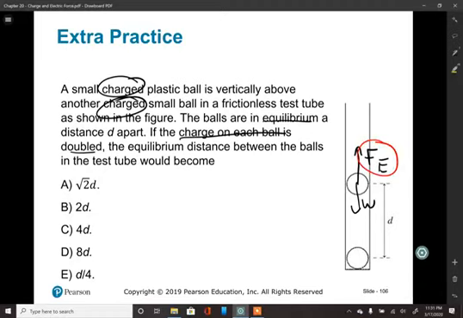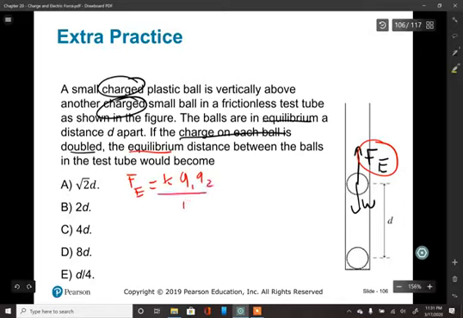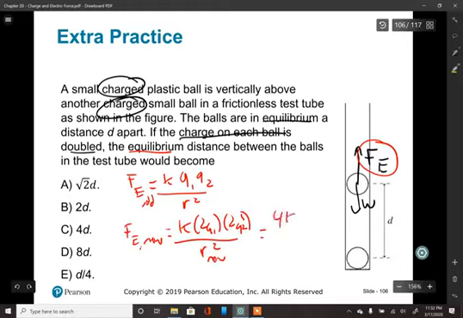And so that means that we need to find a new position such that the electric force is unchanged, so that it stays in equilibrium. So the electric force originally is K Q1 Q2 over R squared. If we double both charges, then we have K 2Q1, 2Q2, which is a factor of 4 in the numerator.